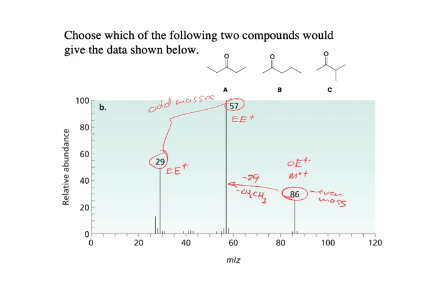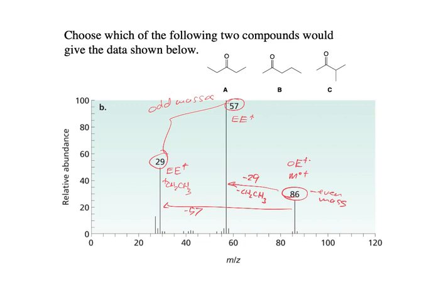In this case, here's 29, so this could actually be an ethyl cation too. And this would be loss of 57.